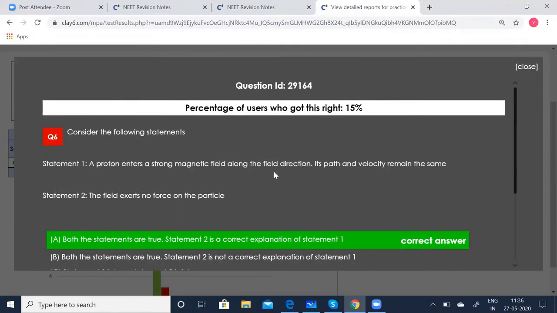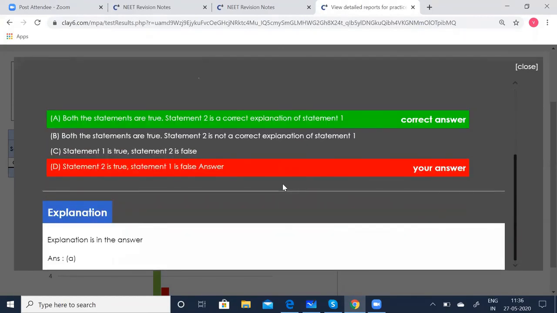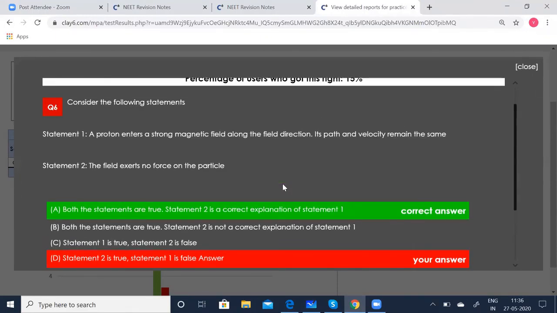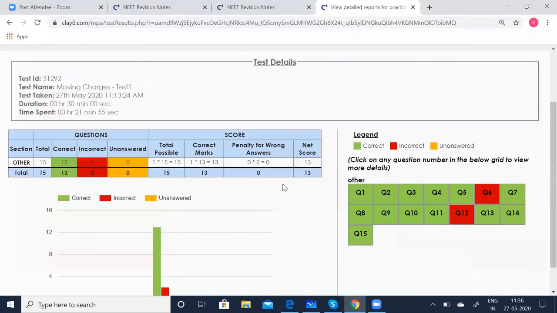Since it is a charged particle, it should have a velocity, so the path and velocity remain the same. Let's see the explanation. The explanation is in the answer. We said statement 2 is true and statement 1 is false. The field exerts no force on the particle. All right, go to the next question.